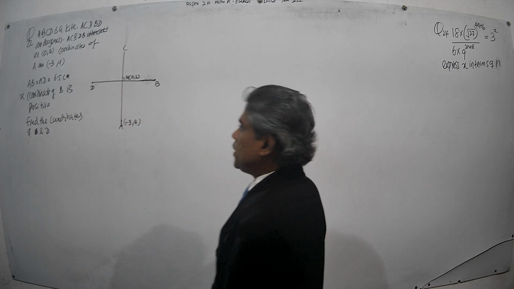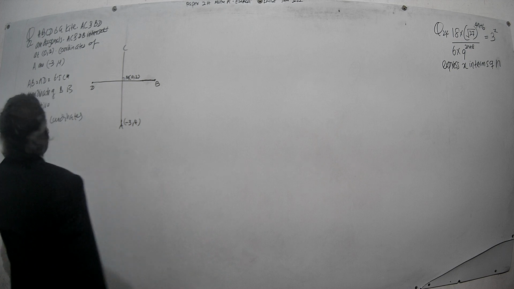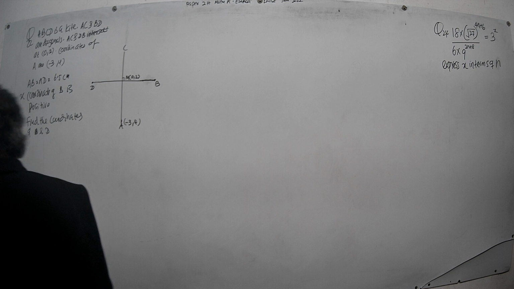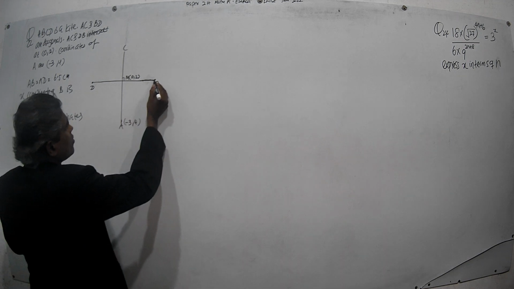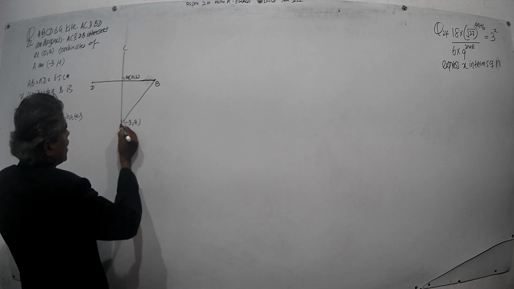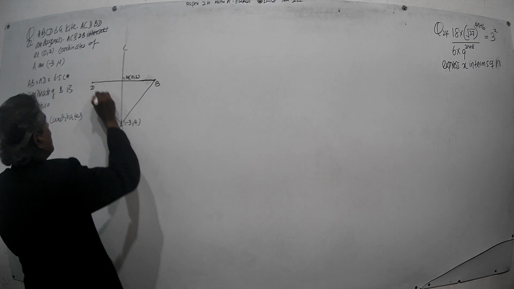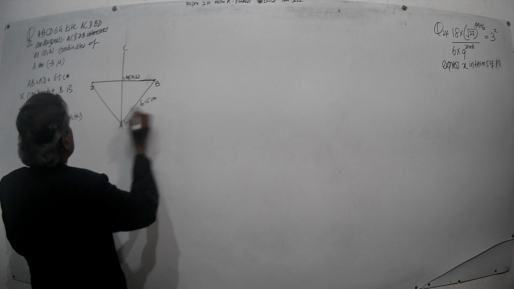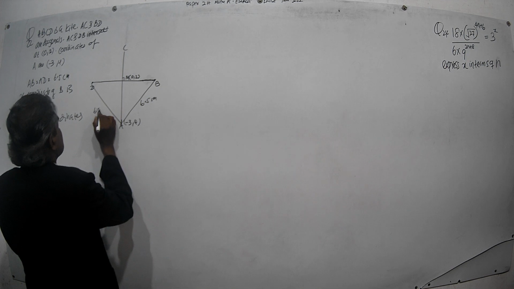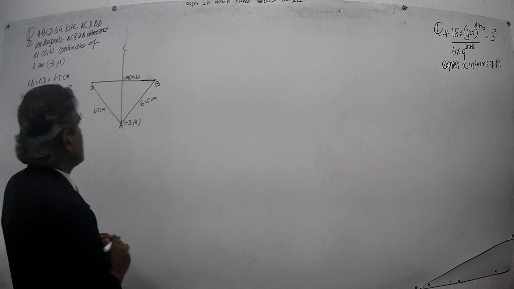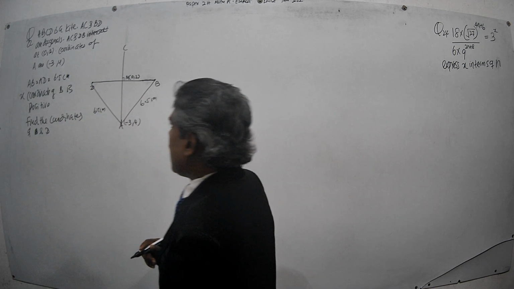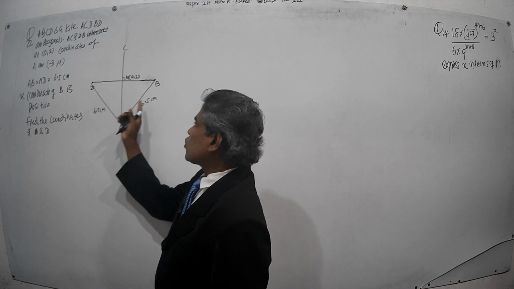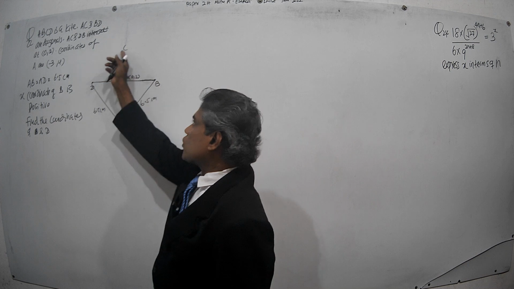Now they say further AB and AD equal 6.5 centimeters. Now we will draw that part. In the kite, these two sides are equal, and these two sides also are equal.